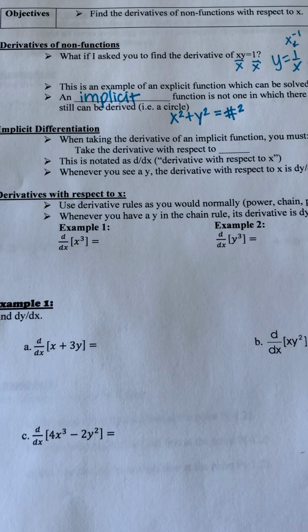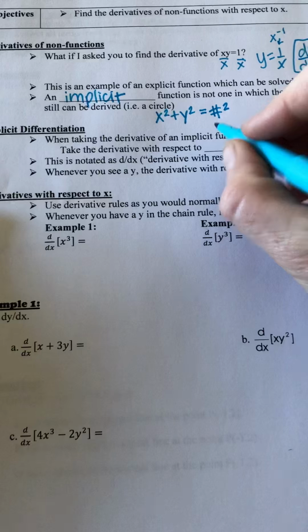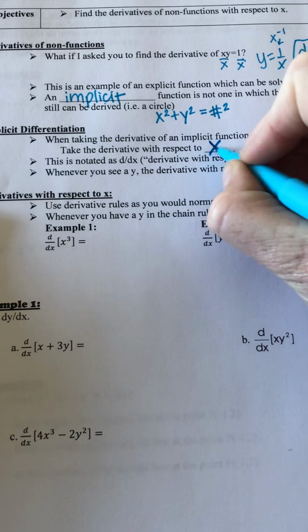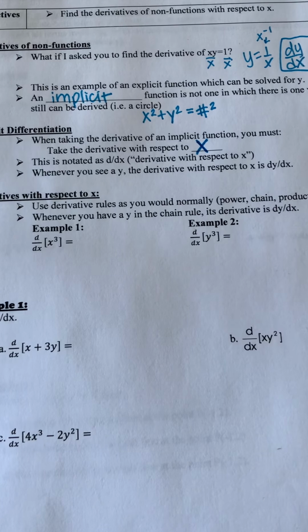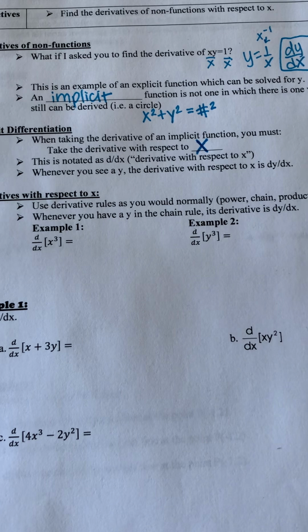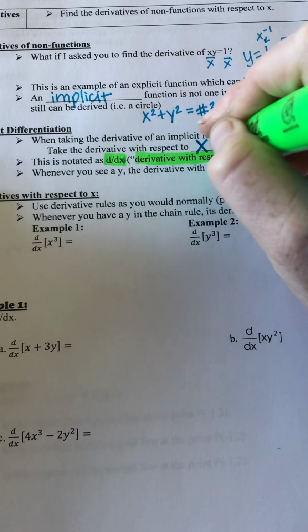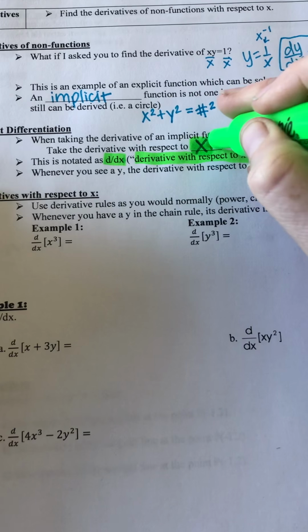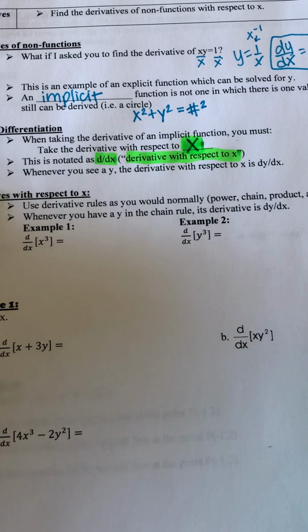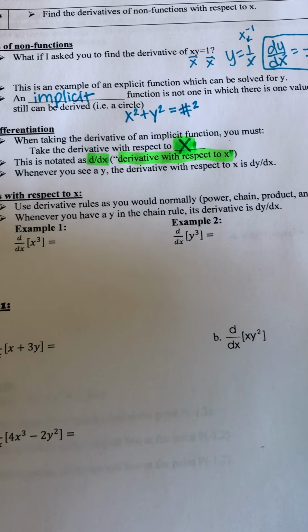When taking the derivative of an implicit function, you must take the derivative with respect to x. Okay, so this is notated as d over dx, which we're going to say as derivative with respect to x. That's important here for implicit. Whenever you see a y, the derivative with respect to x is dy/dx.